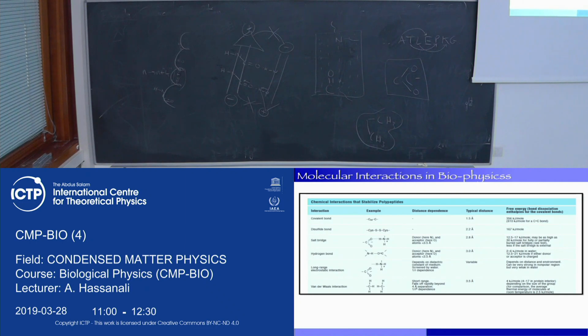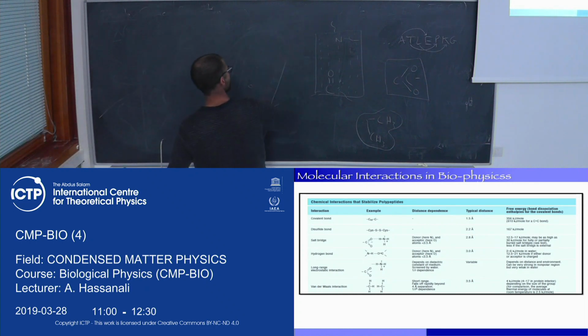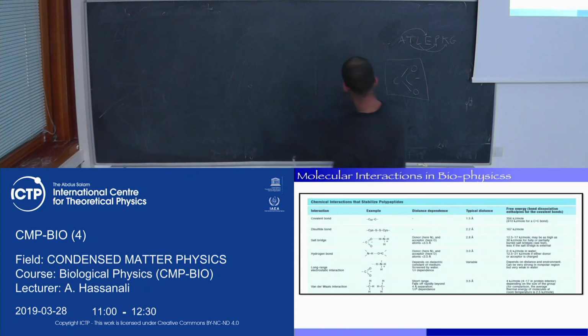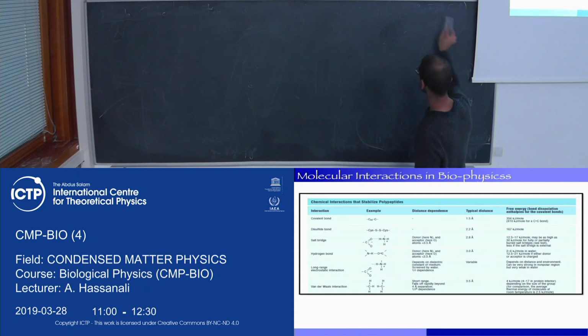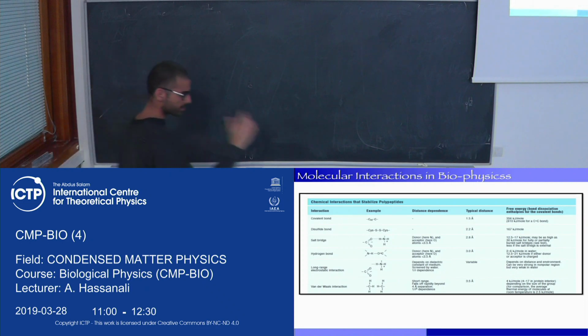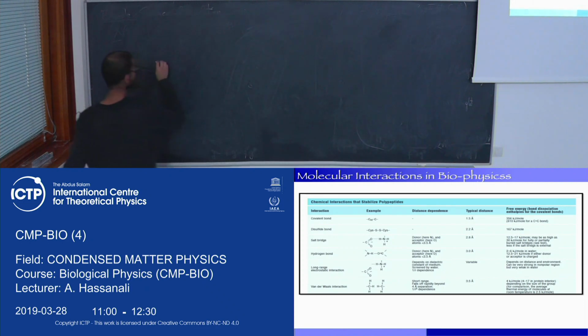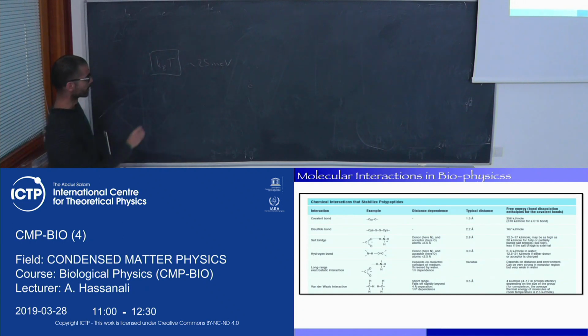So I have an electrostatic interaction. Remember, kBT sets our energy scale, because that's always the starting point. So I have kBT, which is about 25 meV.